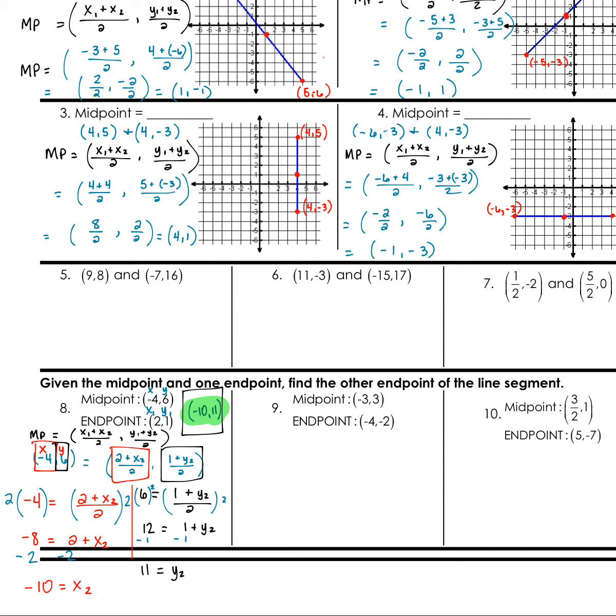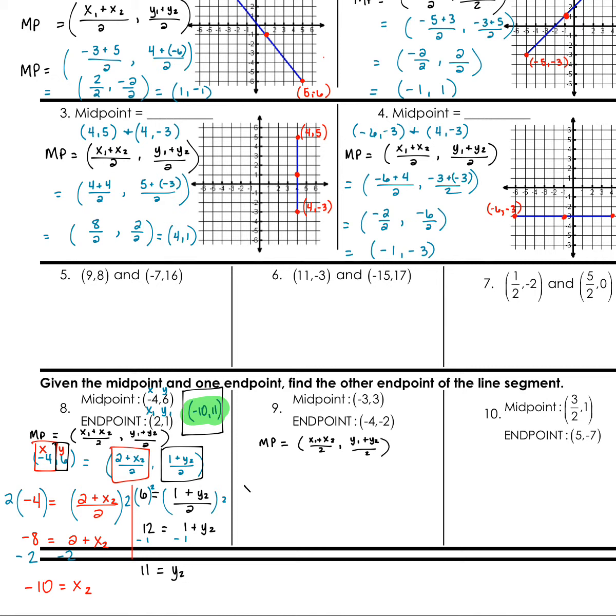So here we go, we're going to do it again. But this time, we're going to do it the same way. Midpoint and endpoint. So remember our midpoint formula: x1 plus x2 over 2, y1 plus y2 over 2.